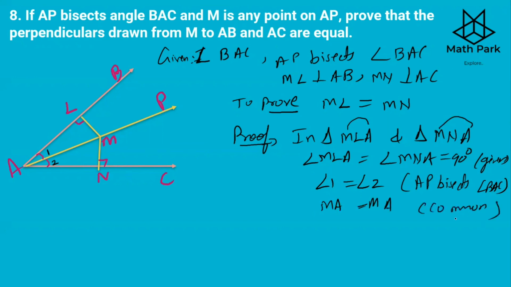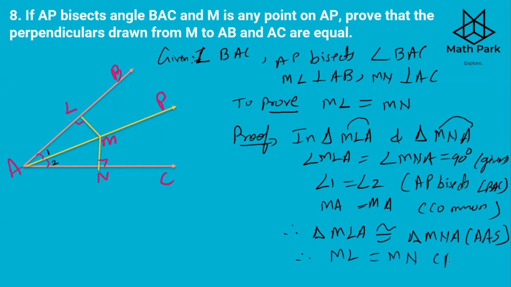Now look how the triangles are congruent by AAS. Therefore triangle MLA is congruent to triangle MNA by AAS, angle, angle, side. And therefore you have ML is equal to MN by CPCT.